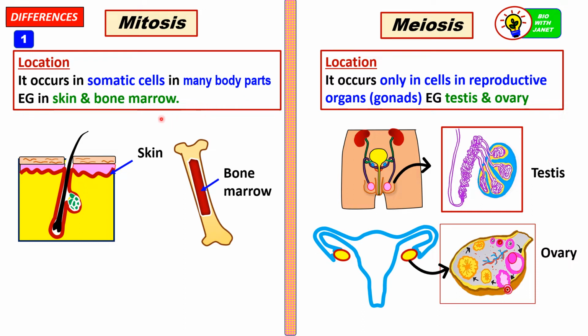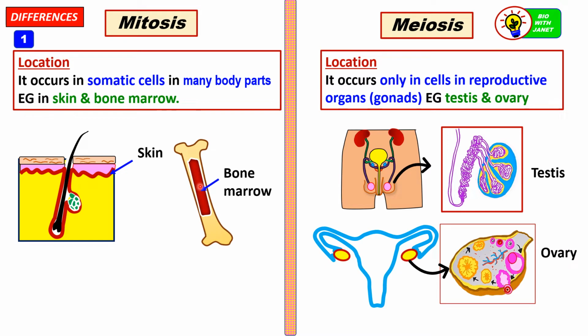example, in the skin. So there is a layer in the skin, the third layer from the top, called the Malpighian layer, where cells are constantly dividing by mitosis to produce new skin cells to replace the dead cells that have dropped off, right? And also in the bone marrow, blood cells are produced.